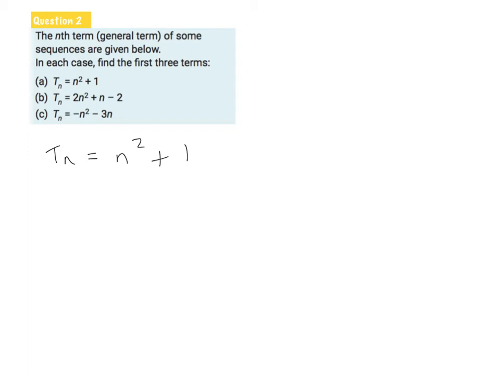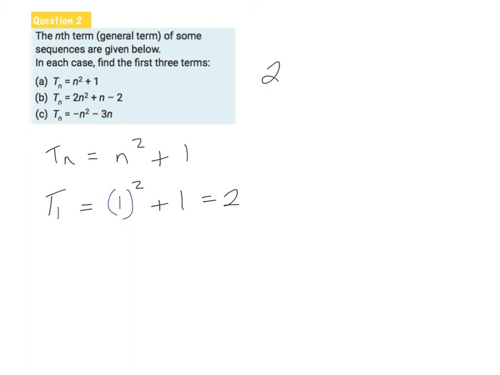So what we say is t of, and we'll start with 1. Well, t of 1 is equal to 1 squared plus 1 is essentially what we're saying there, which is 2. So the first term is 2.